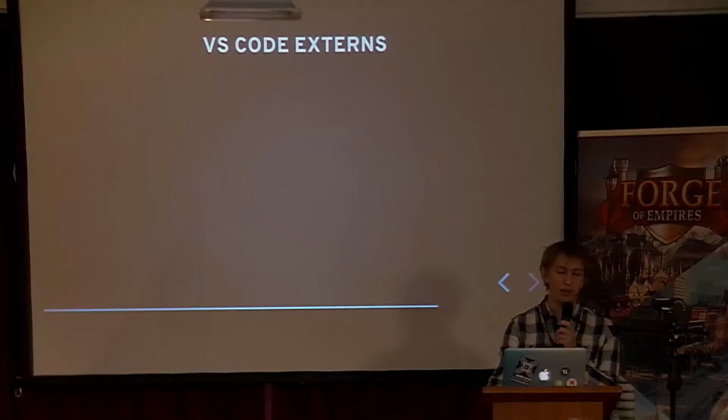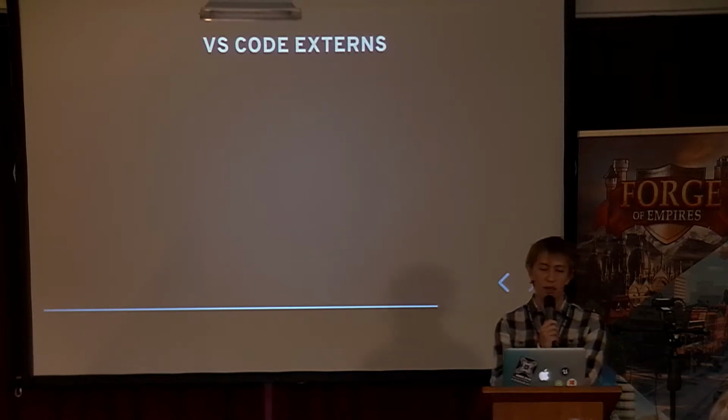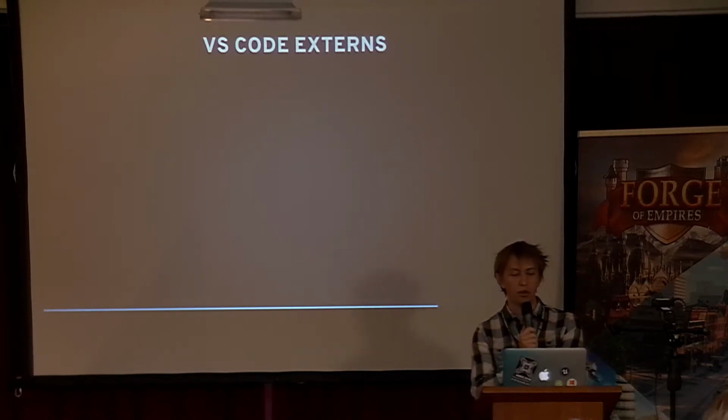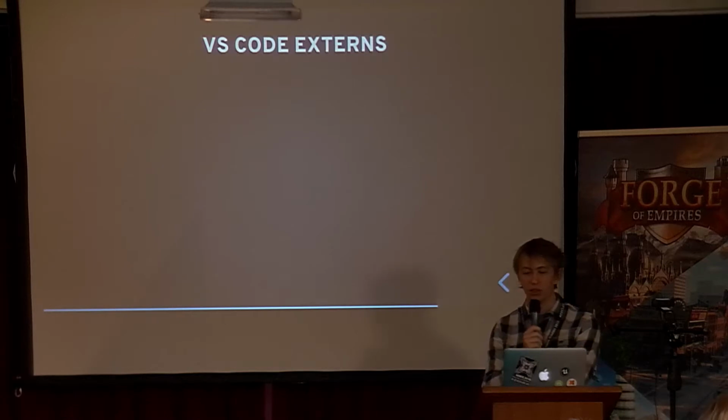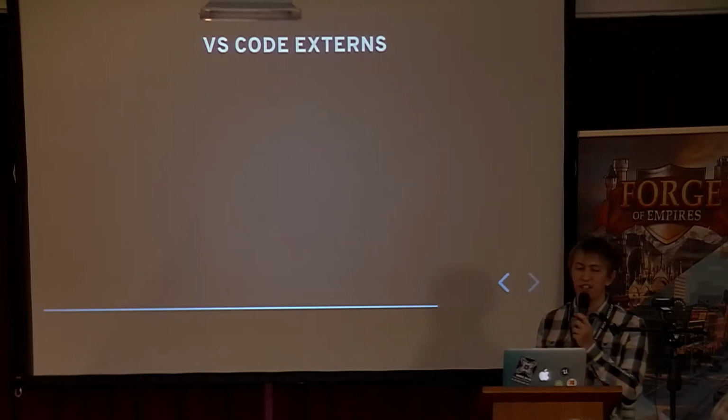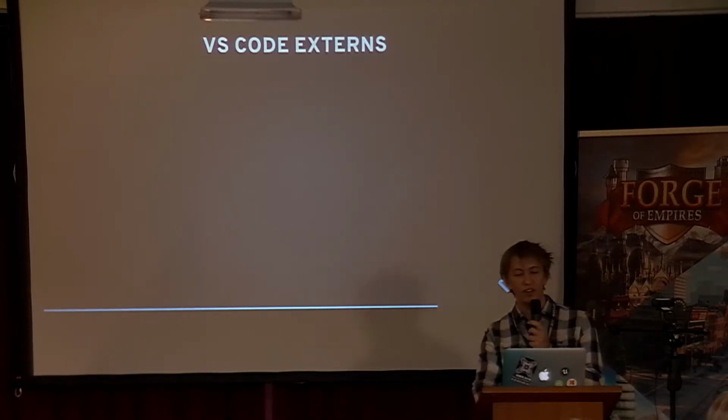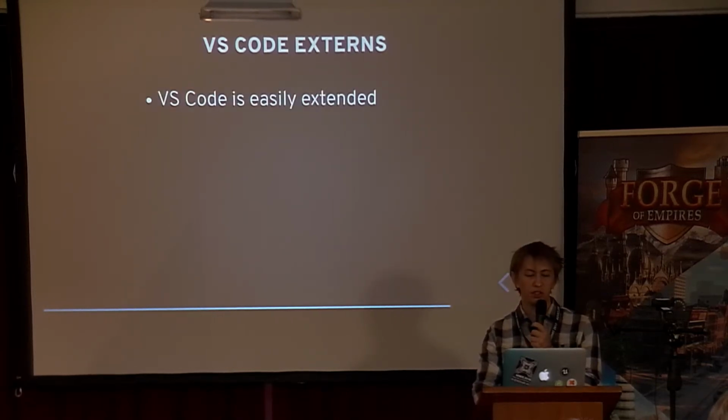All right, as I mentioned before, Visual Studio Code is very extensible, and it doesn't require a lot of code and knowledge to write a plugin for it, unlike big IDEs. This means that as a VS Code user, you should consider writing custom tools on top of it to fill your specific needs and improve your workflow.